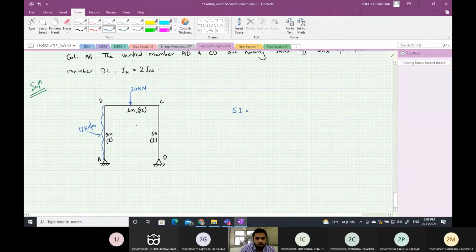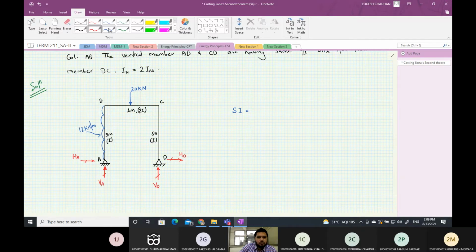The SI will be here. The reactions are 1, 2, 3, 4. Let this be HA, this will be VA, VD, HD.